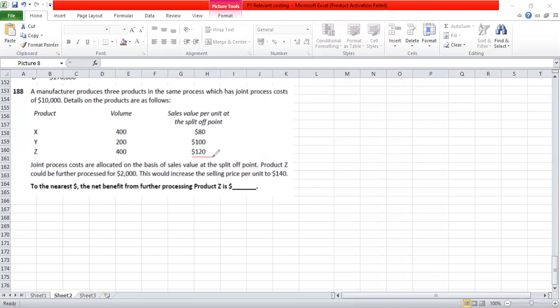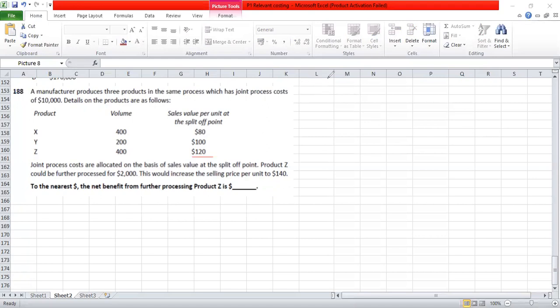Joint cost is not relevant here because it's already incurred till the split off point. Now from the split off point, the incremental cost is the further processing cost. Further processing cost is incurred for $2,000. For how many units? The units are 400. So calculate per unit.